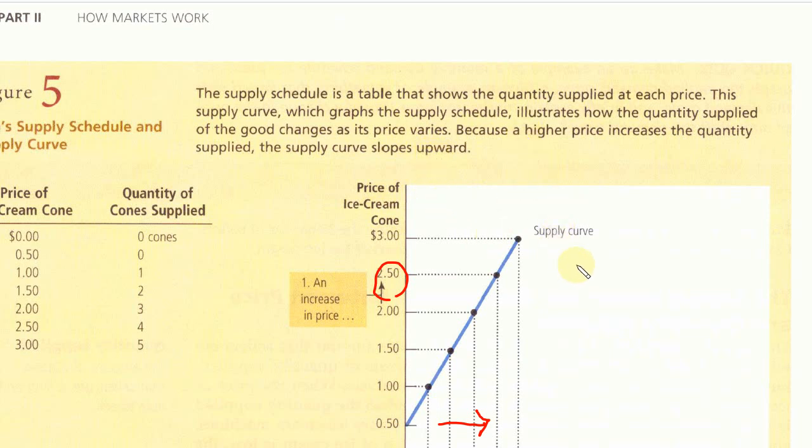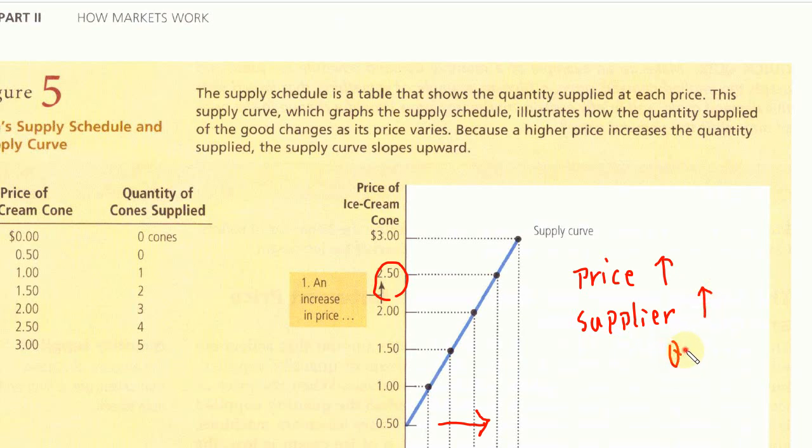Okay, this is the same. As the price goes up, the supplier can make more money, so he also tries to increase the quantity.